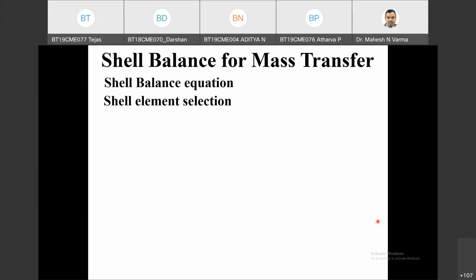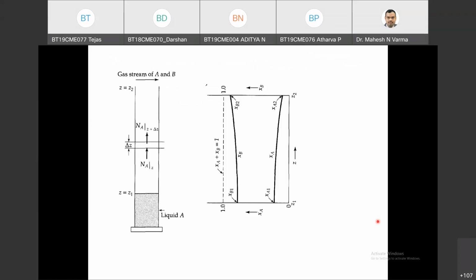So this is the given problem, and this will be my differential shell. This will be the flux, and NB will be equal to 0, because the solubility of B in A is negligible. The differential shell has cross-sectional area into this delta Z, and this is the flux.